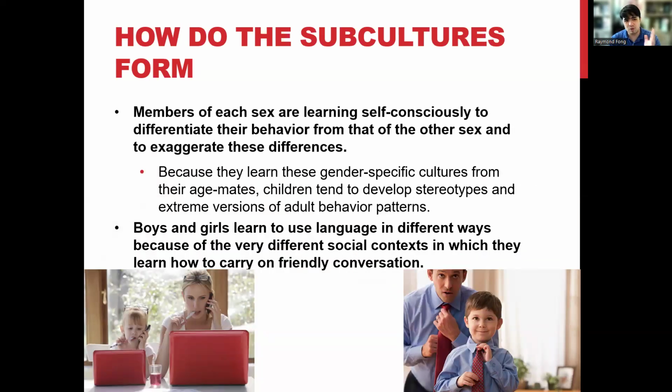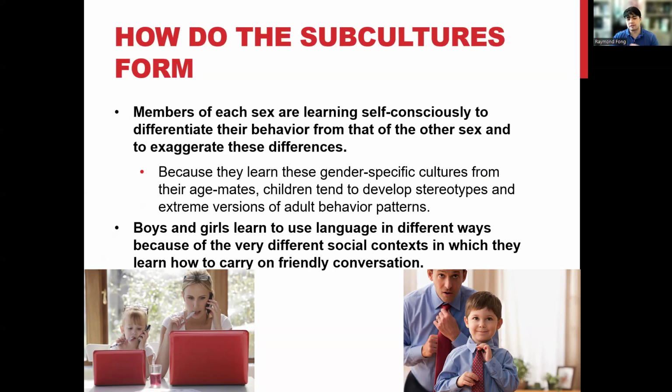So, how do these skills form is members from each sex are learning self-consciously to differentiate their behavior from that of the other sex and to exaggerate these differences. Because they learn these gender-specific cultures from their age mates, children tend to develop stereotypes and extreme versions of adult behavior patterns. Boys and girls learn to use language in different ways because of the very different social context in which they learn how to carry friendly conversation.